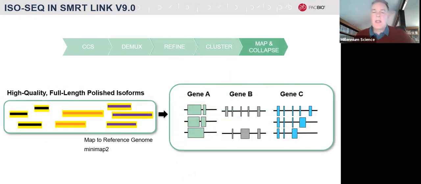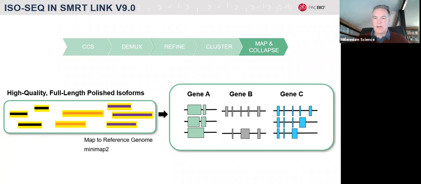And then finally, if you're wanting to go to this step, if you have a reference genome or whatever, you can map and collapse these reads. So now you can take these very highly accurate, full-length polished isoforms, designated here with the colors, and then map back to your reference genome using Minimap2, and that's where it starts to show you for a particular gene the different isoforms that are available, and so how it's done its splicing and made the various full-length cDNA.